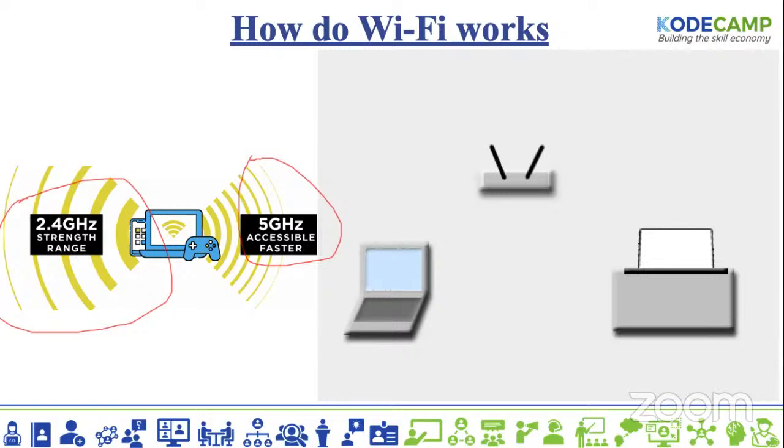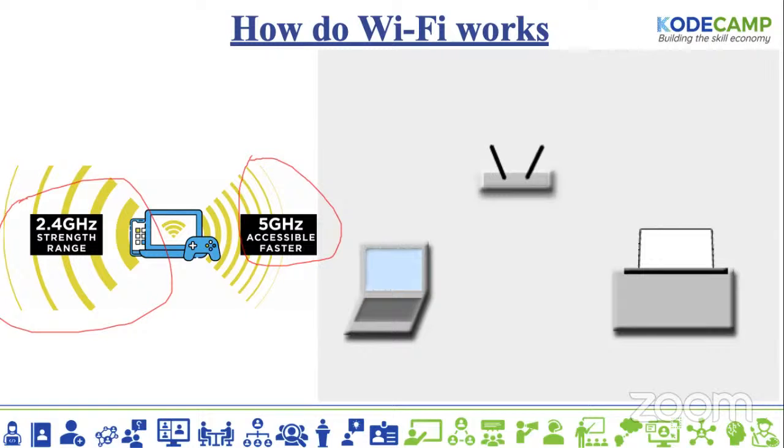A lot of ones and zeros. Now, if you're connecting to a router via Wi-Fi, these ones and zeros will be translated into wave frequency, either the 2.4 gigahertz or the 5 gigahertz wave frequency.